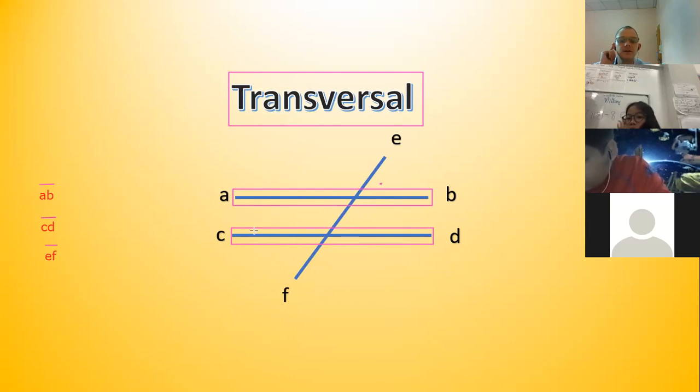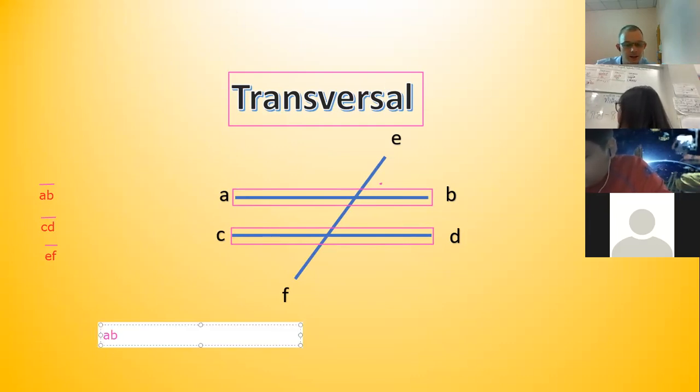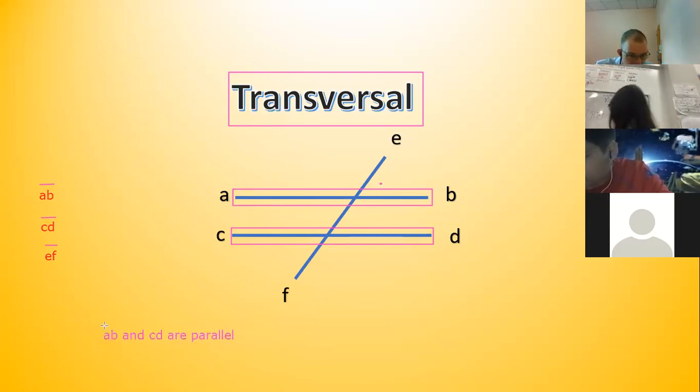They are parallel. Do you agree? Yes or no?